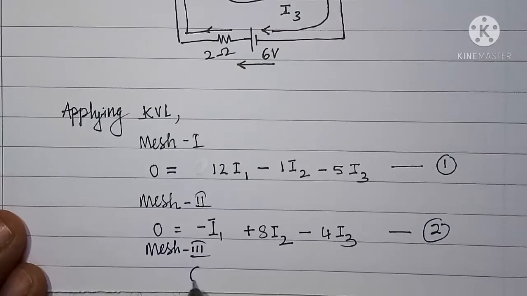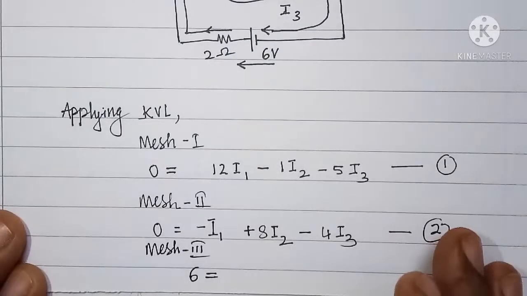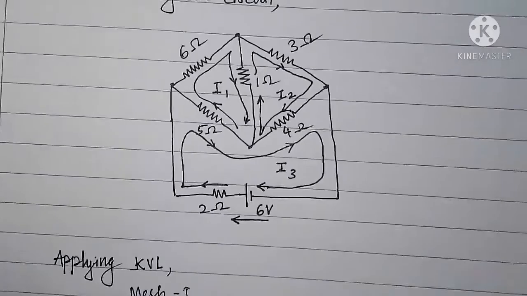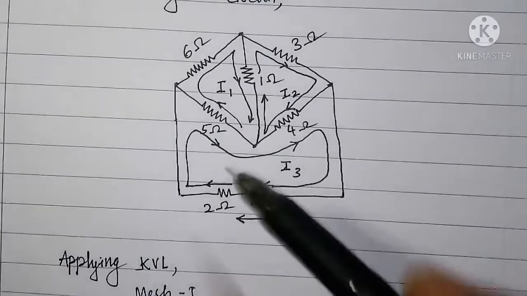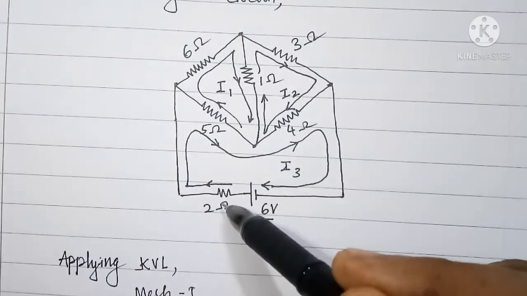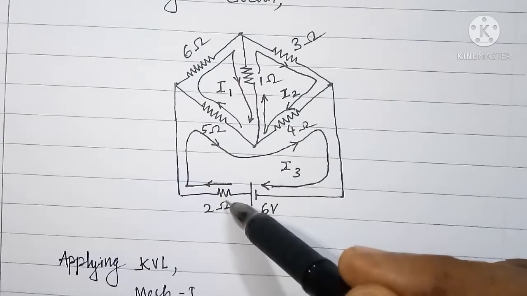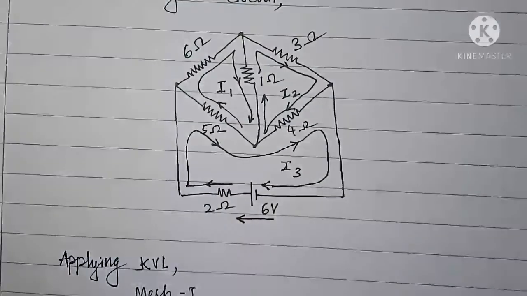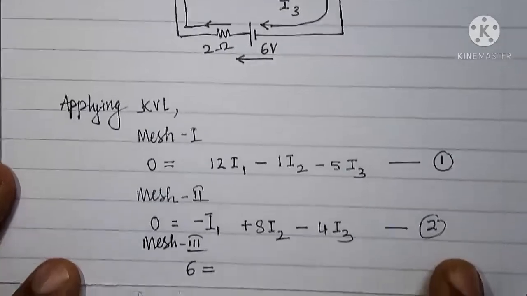I will write here 6 equal to. Next we have to write the voltage drop in mesh 3 due to I3. 5 plus 4 plus 2, 11 I3, and it will be a positive term.